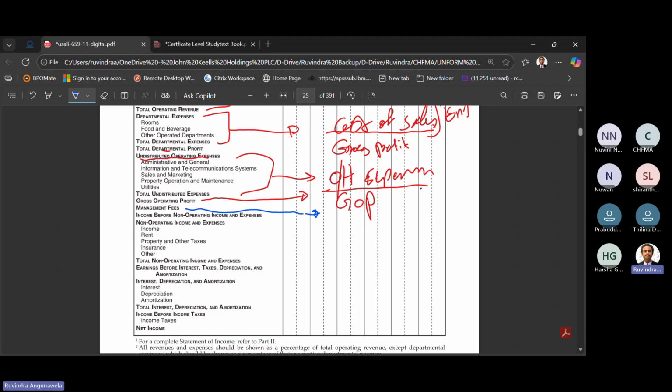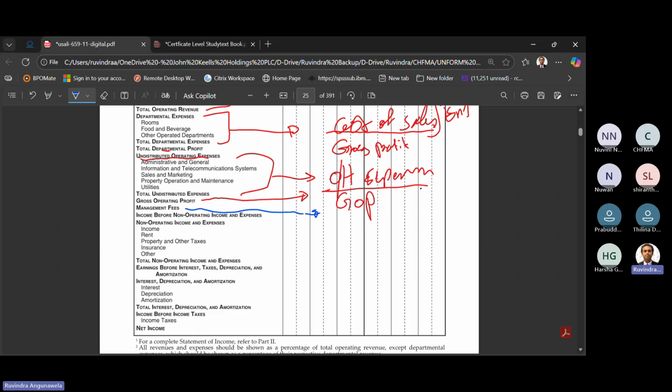So most hotel companies will have a management fee that is paid to a managing agent. The hotel will have a contract with a managing agent who will manage the hotel on behalf of the hotel management, right?